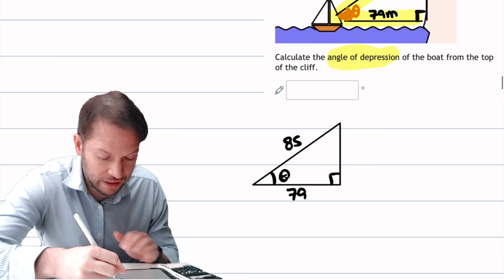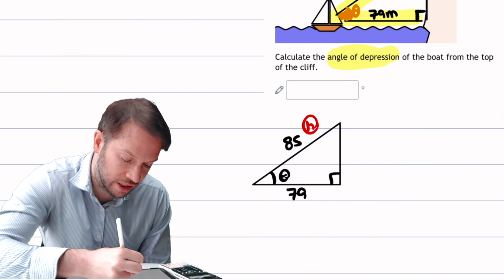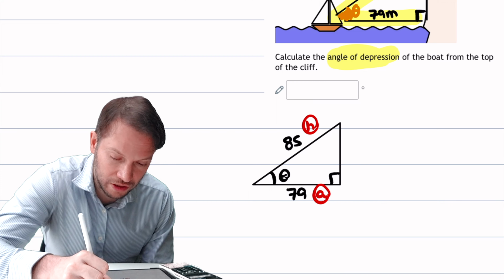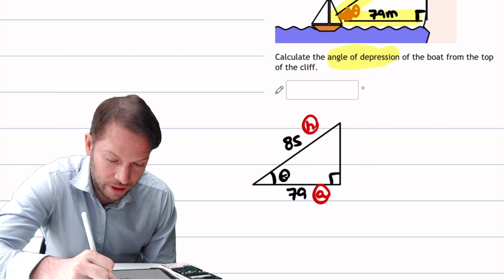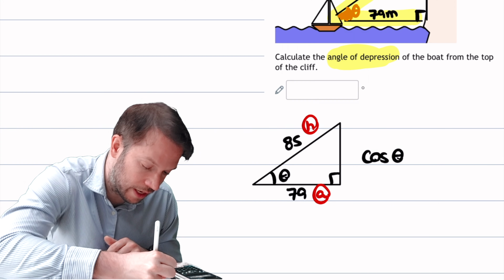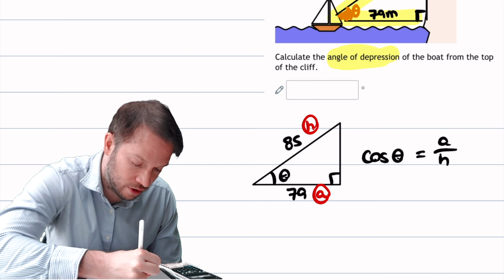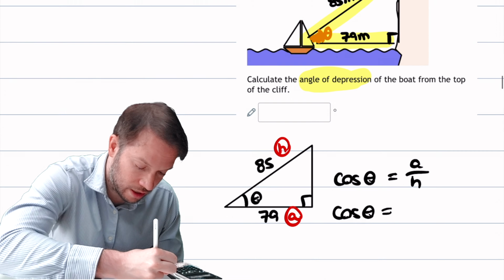So let's label the sides again. As before, the longest length is the h, the hypotenuse, and this length is adjacent to the angle of interest. So it's going to be cos again, because we've got a and h. So we're going to write cos of theta is a over h, and then substitute in: cos of theta is a, which is 79 over 85.